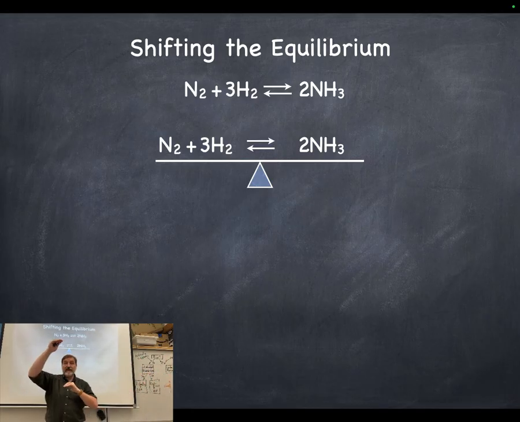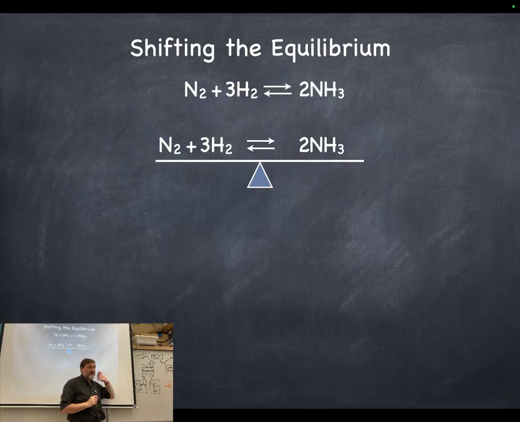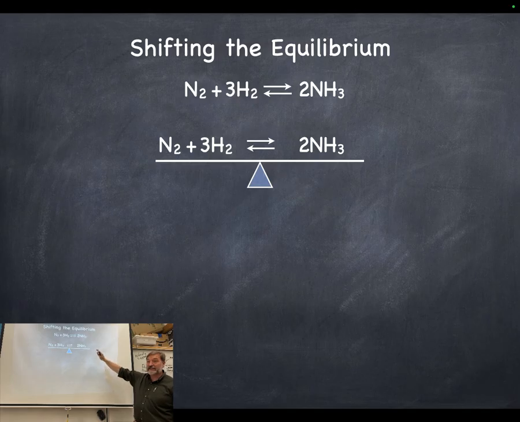We have the products raised to their coefficient powers divided by the reactants raised to those coefficient powers, and they reach some value. And that point is where we are in balance. The forward reaction rate and the reverse reaction rate are equal.